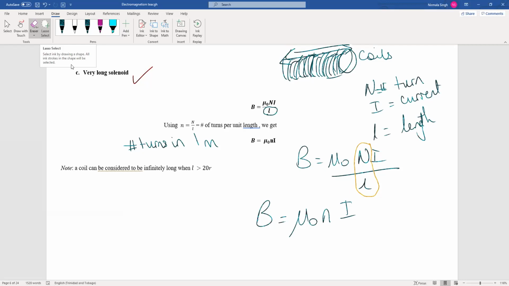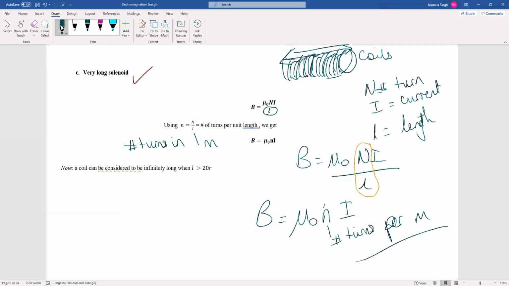So the next equation that sounds like a word, we have the Bunny equation. The Bunny equation tells us the magnetic flux density of a very long solenoid, where B is your magnetic flux density, mu naught is the permeability of free space, n is the number of turns per meter, and I is your current.